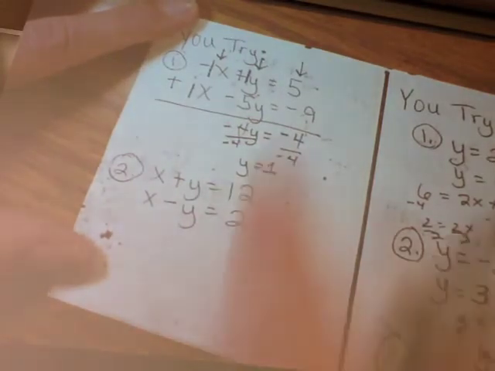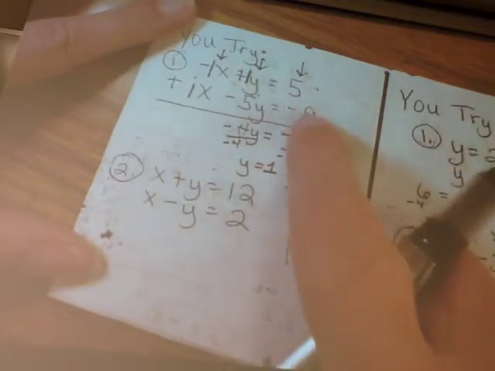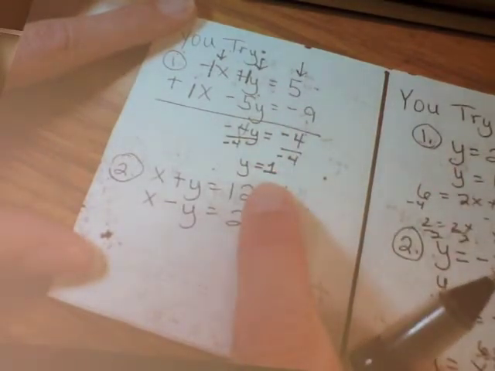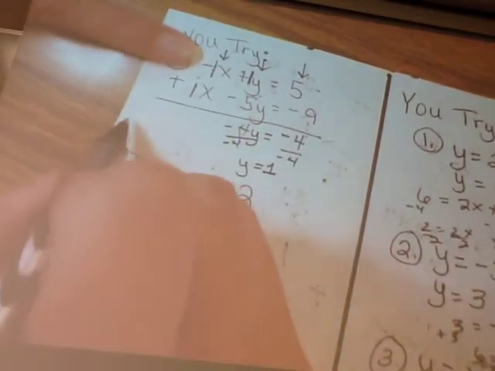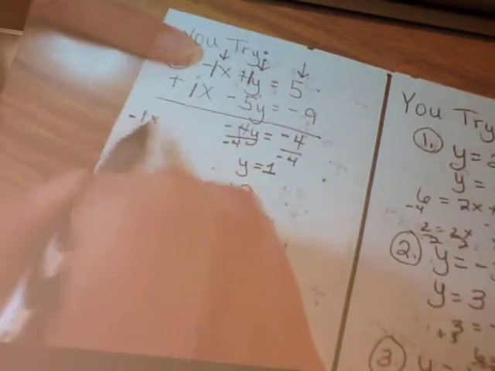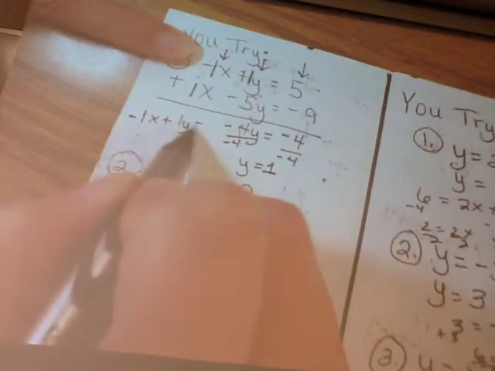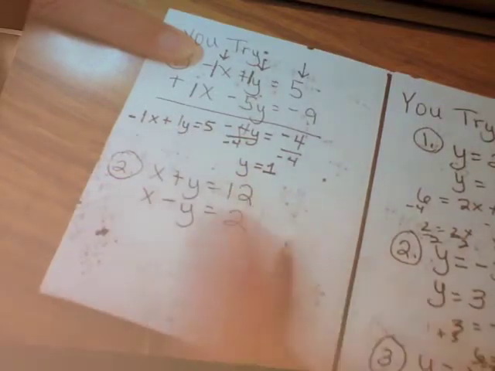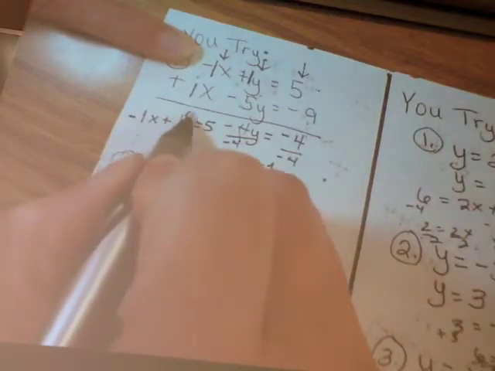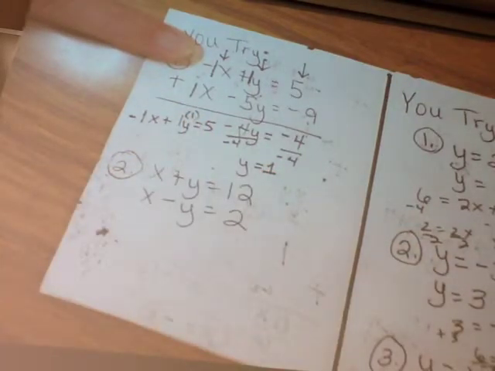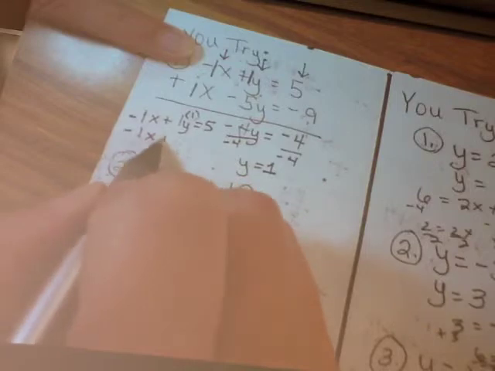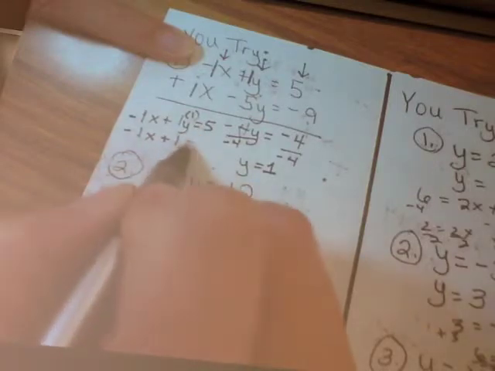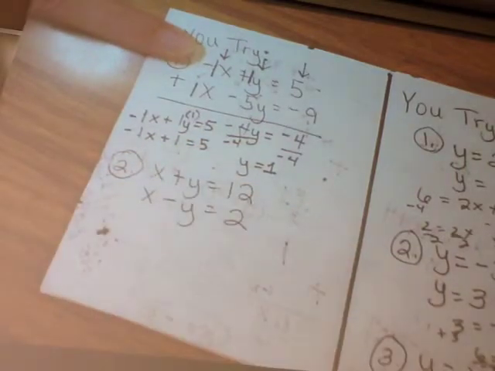So now you pick one of these, either one that you want, to substitute the y is 1 back into. I'm going to choose the top one. You can choose whichever one you want. Negative 1x plus 1y equals 5. It said that the y was a 1, so I need to sub in a 1 right there. So now my problem would read negative 1x plus 1, because 1 times 1 is 1, equals 5.